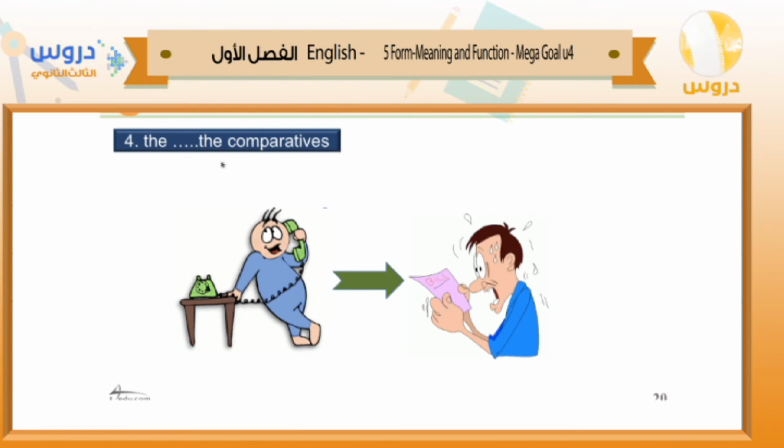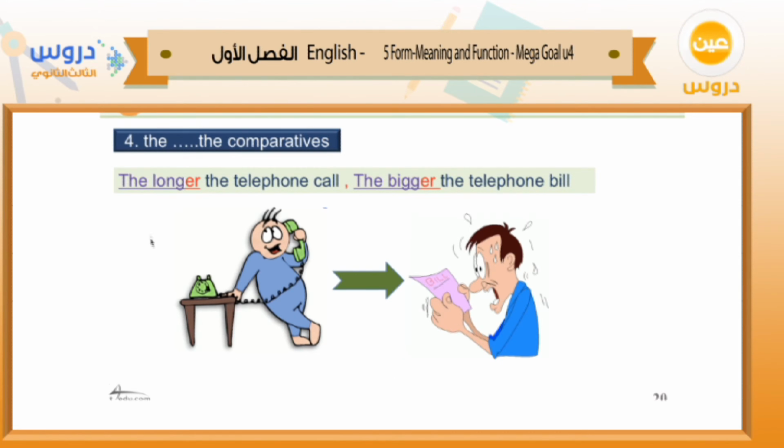Number 4, the comparative, when we use this form. Look at the picture here. The longer the telephone call, the bigger the telephone bill. The man here talks a lot on the phone, and here we find that the price of the bill is so high.